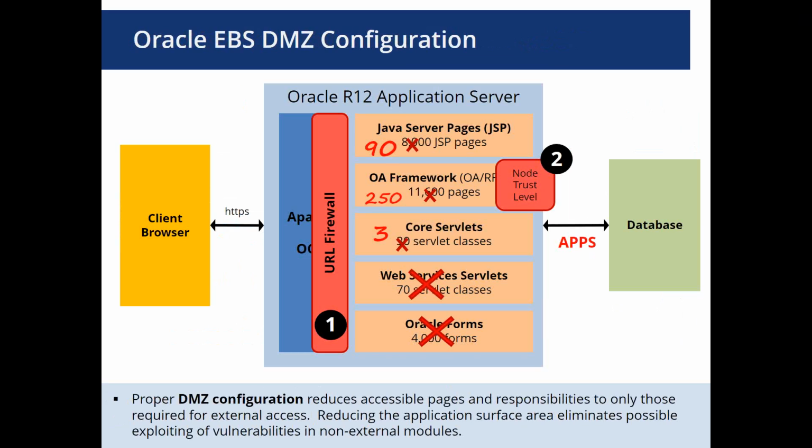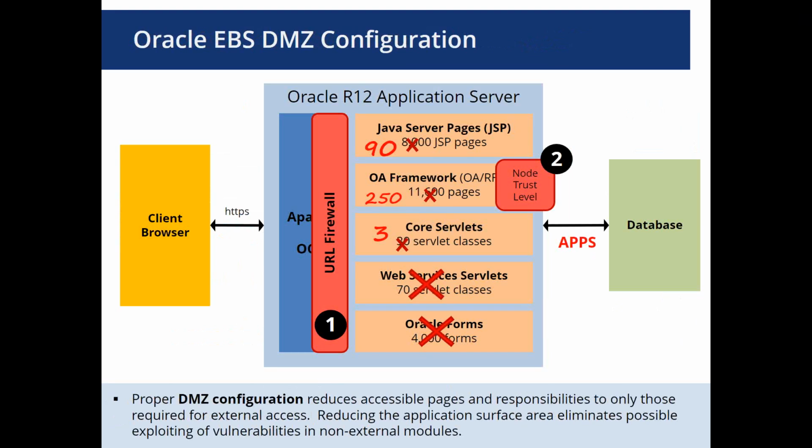There's only one page, so you can't block OA.JSP, so they came up with node trust level. If I'm running iSupplier on the internet, I should not be able to come in as system administrator. I should only come in as iSupplier users, and if you want to use system administrator, you have to either VPN in or be on the internal network. That's what node trust level does.